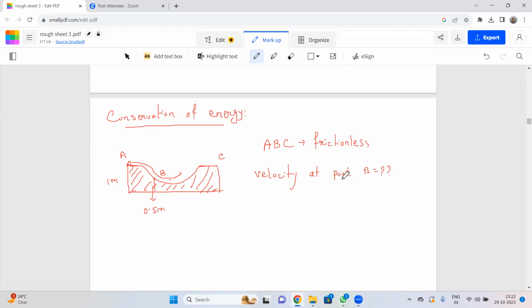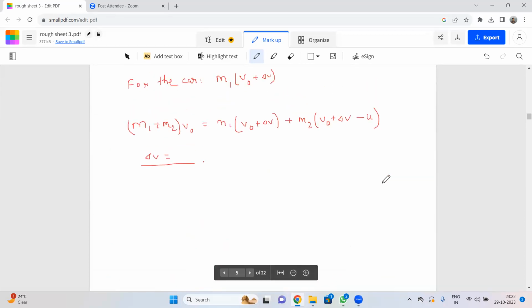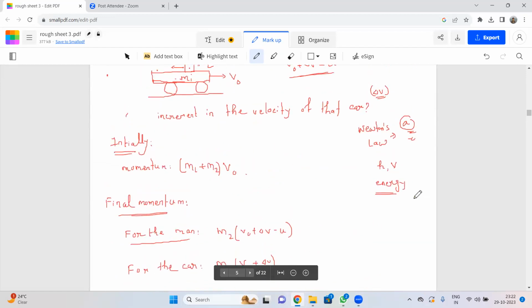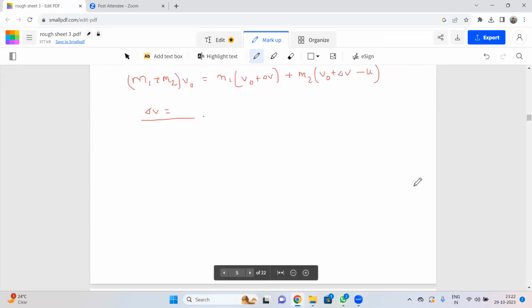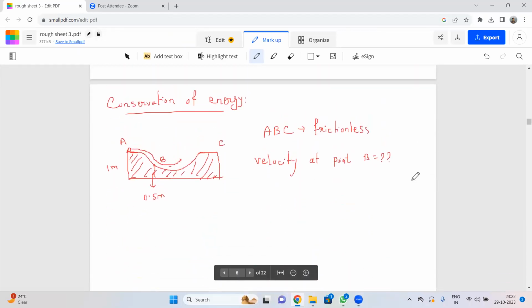So how can we calculate that? Here we have height and we need to find out velocity, right? That means we need to use conservation of energy. If we use conservation of energy, then we can get the result directly.